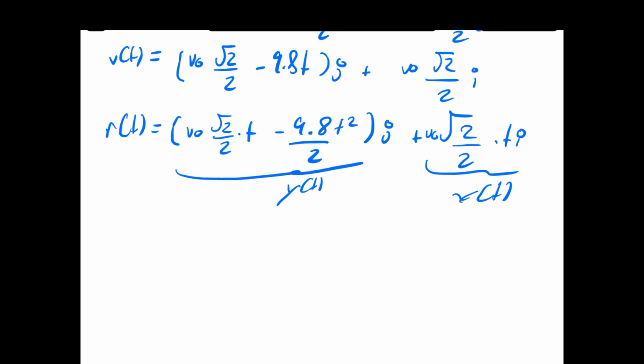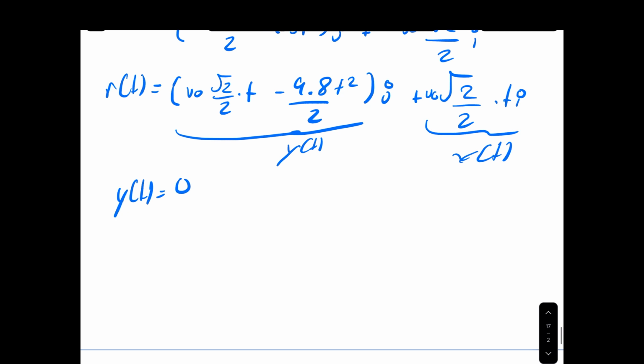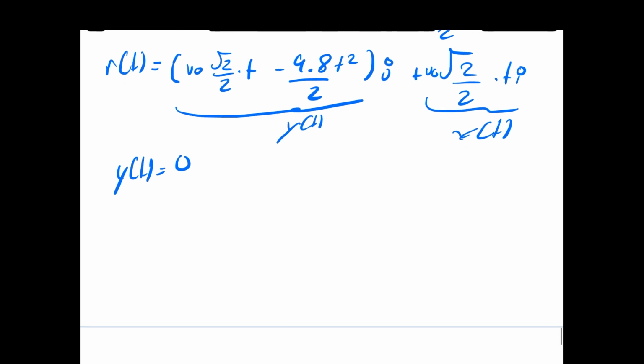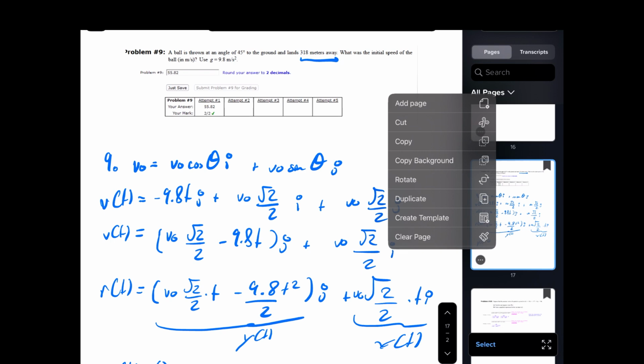And what we wanted to do is solve for our time when y at t equals 0. So if we go back to do that, y at t equals 0. And remember, we're going to have to do this so we can put it into our range equation, okay? So come back here.